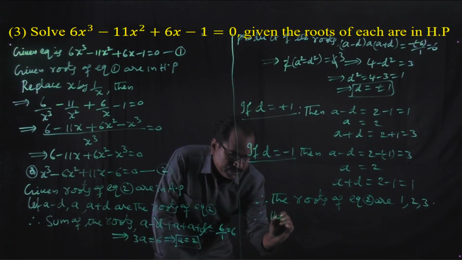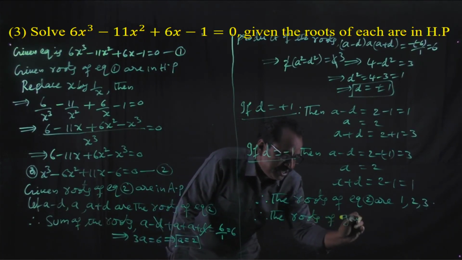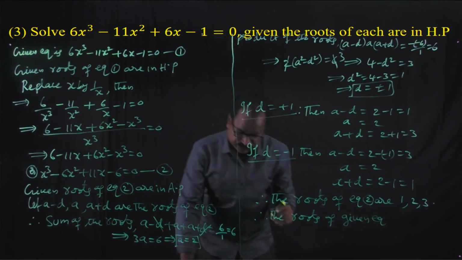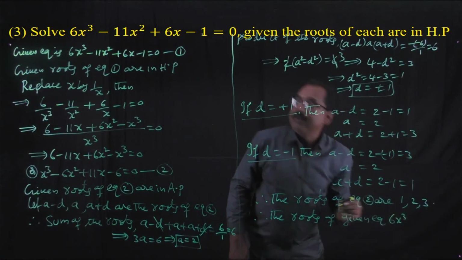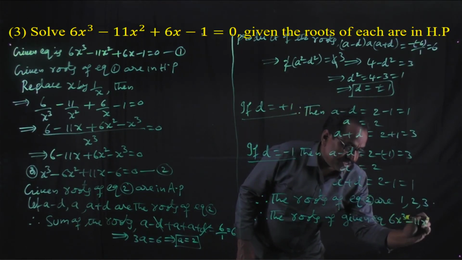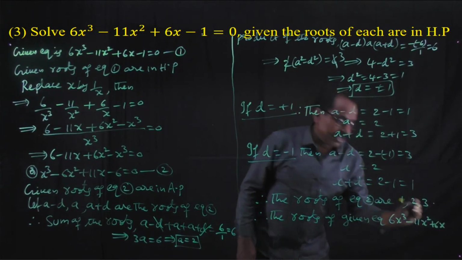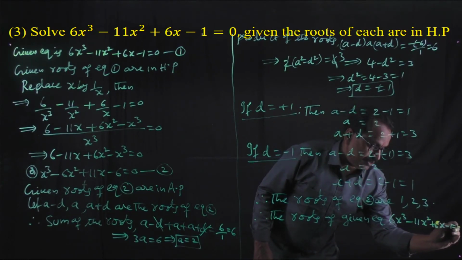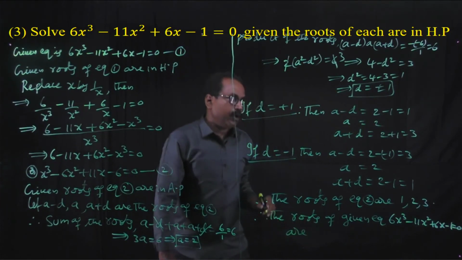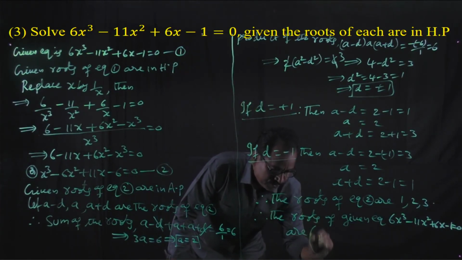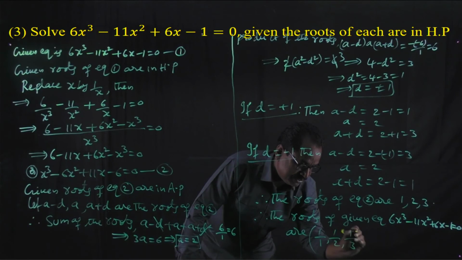Therefore, the roots of the given equation 6x cube minus 11x square plus 6x minus 1 is equal to 0 are 1 by 1, 1 by 2, 1 by 3.